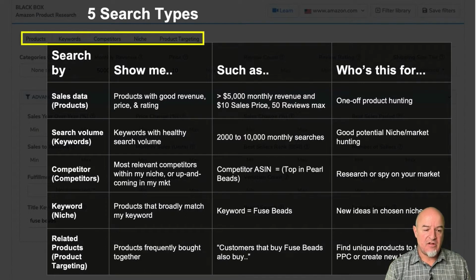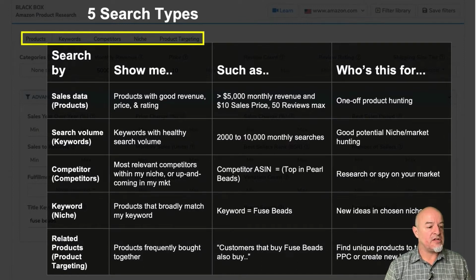So you're not actually finding a good product that has low competition by using this tab. But this is good to get the juices flowing and get some ideas coming forth, and then you can expand your search even more after you get some ideas.